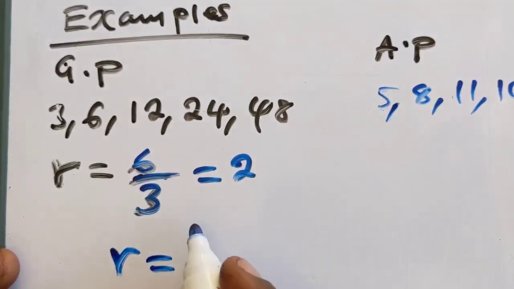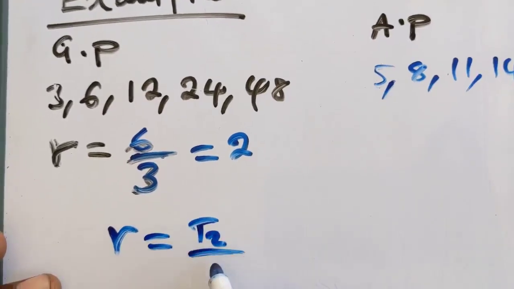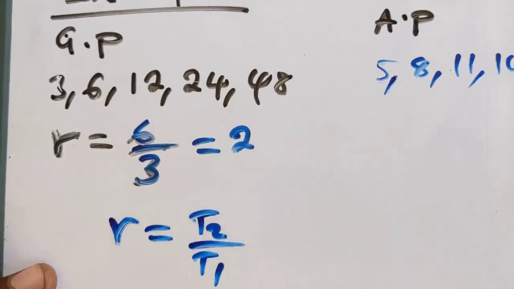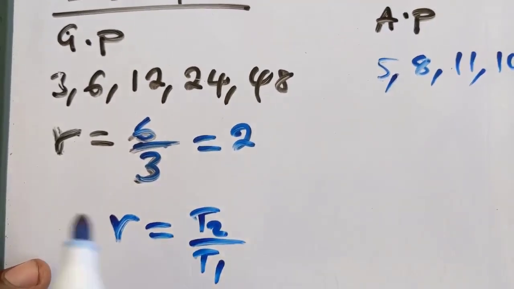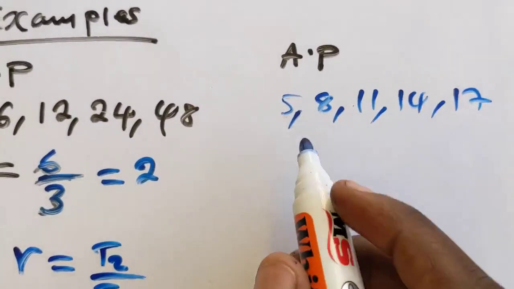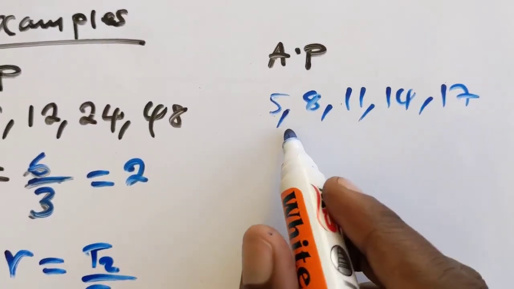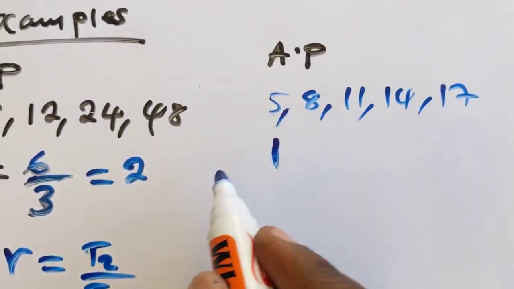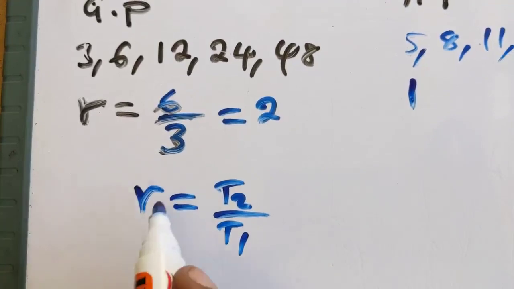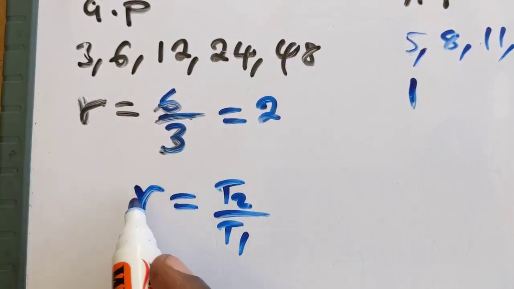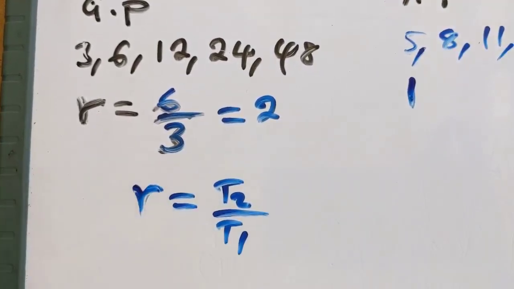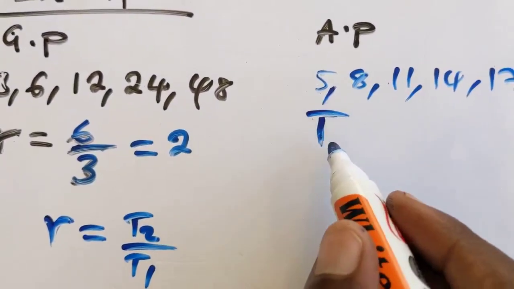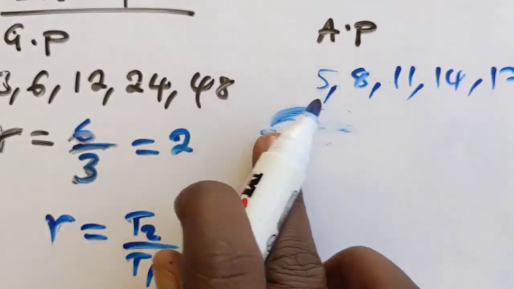The formula is term 2 divided by term 1. Actually, this is the common ratio, r is for the common ratio. But for AP, you look for the common difference.